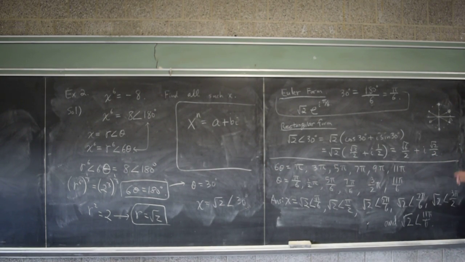And the solutions will be evenly spaced on this circle. So this length, that length, that length, they should all be equal. If you know that, then that's also helpful to check whether you got an answer that makes sense or not.